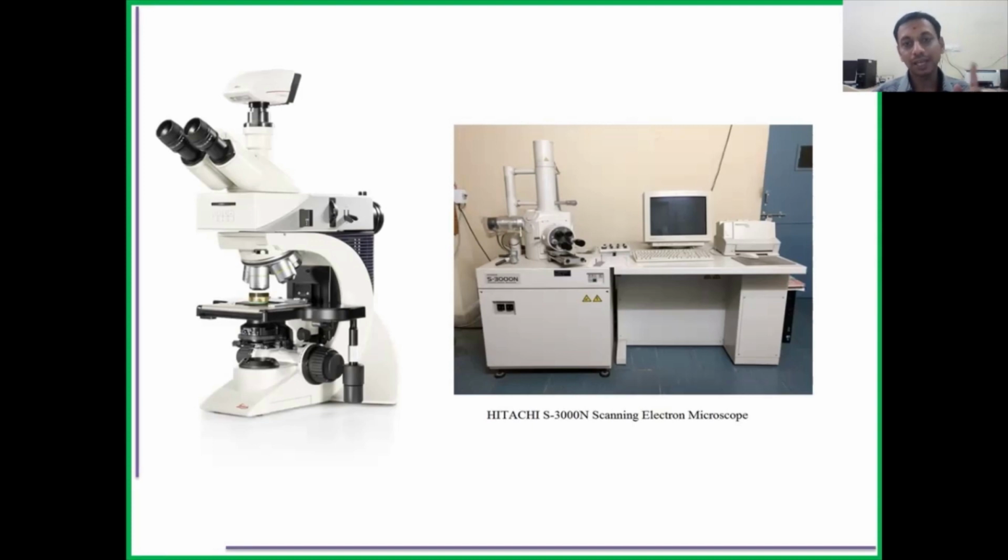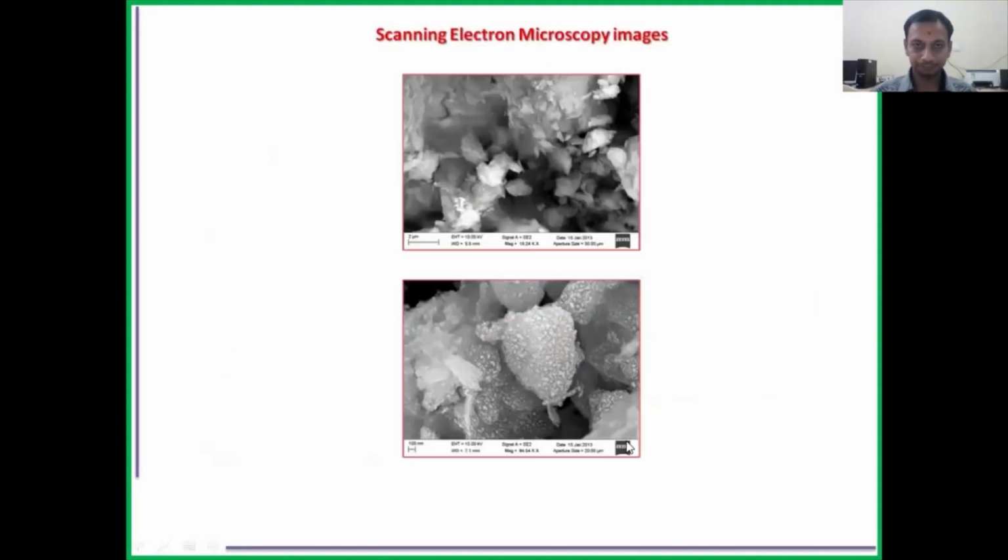And now the HRTEM is also there, that is a high resolution transmission electron microscope. This is the optical microscope, but everyone knows about that. Optical microscope has 1000 or 1500 magnification, and it has a limitation. It works on light phenomena, but this works on the basis of electron phenomena, and that's why it can go up to higher magnification.